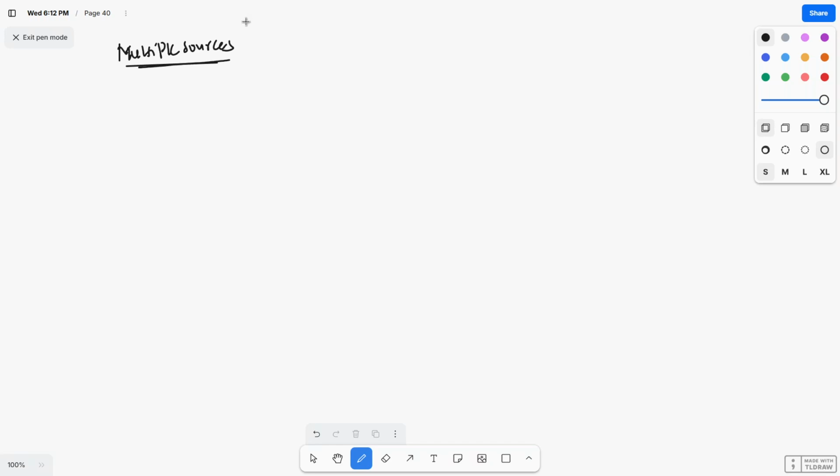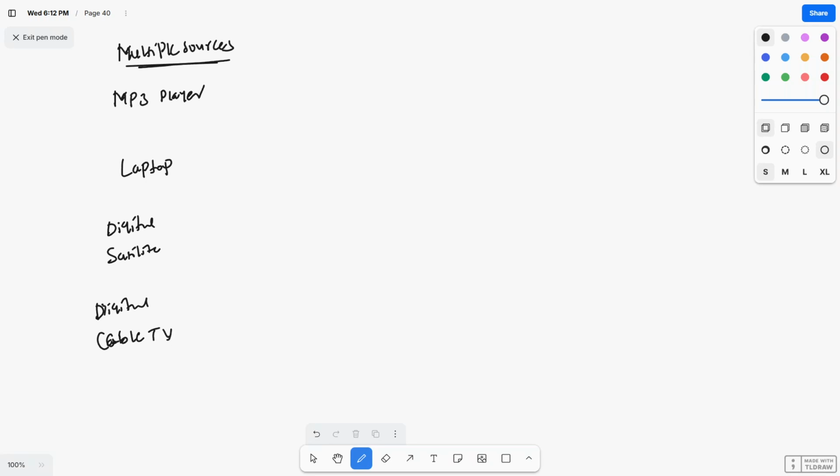Suppose in a real life application, you have an MP3 player, a laptop, a digital satellite, and digital cable TV.